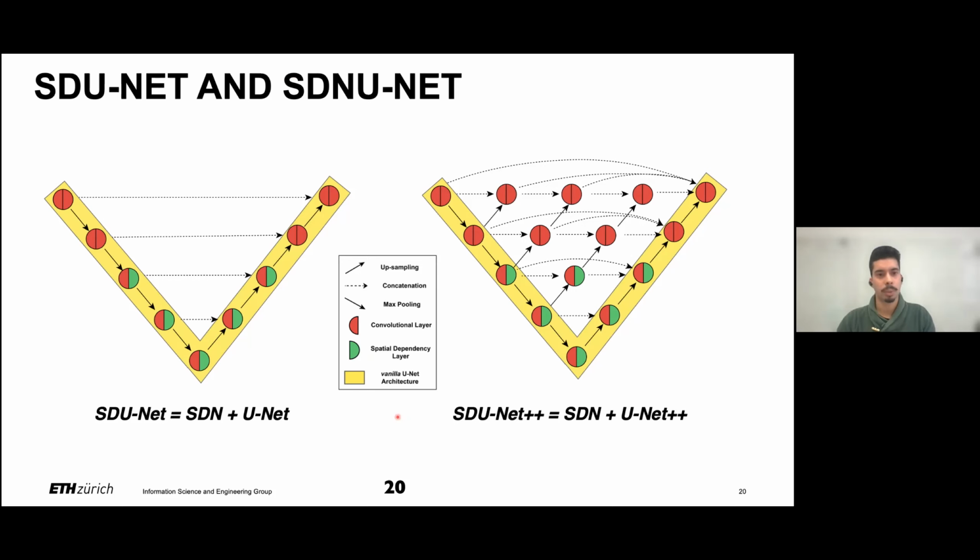The second thing is that at each level we have two operations, or two neural network layers, and we only put the spatial dependency layer after a single convolutional layer. So we don't need to have two levels of spatial dependency layers. The last thing is that we also had to include the gating mechanism using a CNN, so residual STN layers, to avoid vanishing gradients.